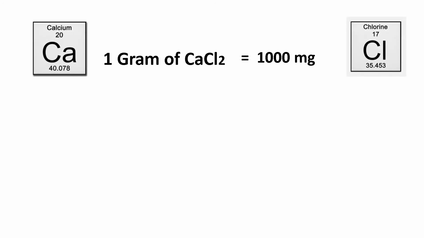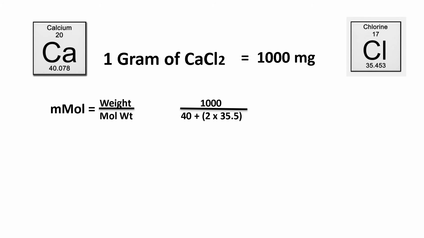We will use the formula for millimoles, which is equal to weight of the substance in milligrams divided by the molecular weight of the substance in milligrams. The total weight is around 1000 milligram, and the molecular weight of calcium chloride is 40, which is the atomic weight of calcium, plus 2 times the atomic weight of chlorine, since calcium chloride contains 1 calcium ion and 2 chloride ions.